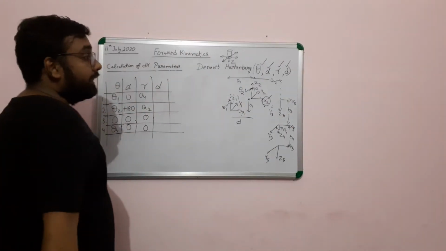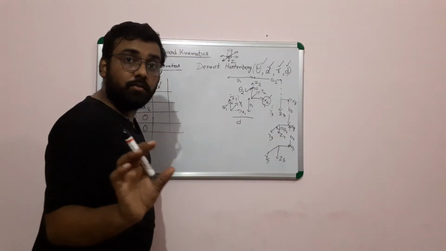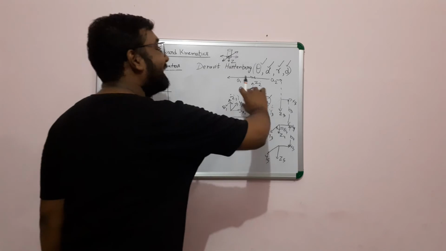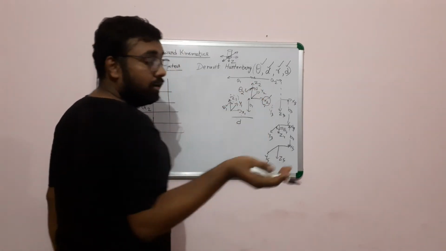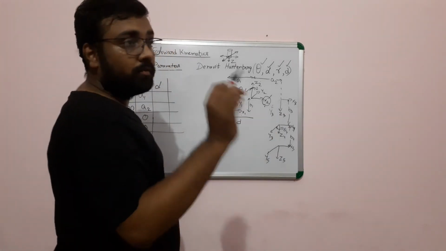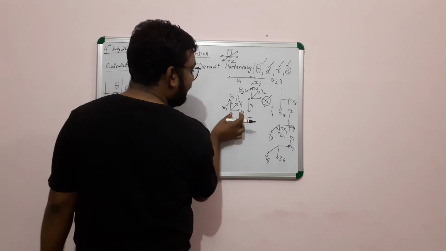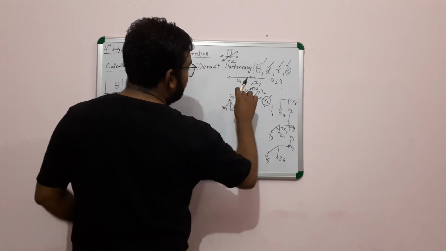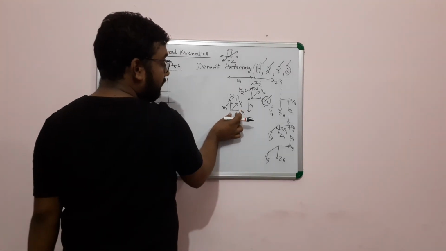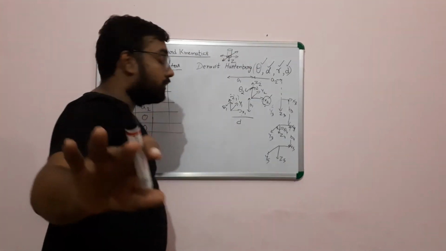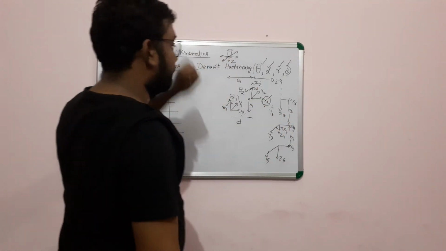Fine. d is the distance between the centers in the direction of z n minus 1, as I told you. It is the distance between the centers in the direction of z1.